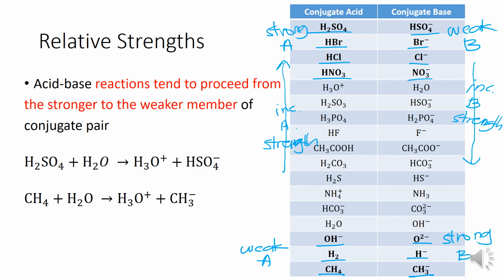Now, when it comes to acid-base reactions, they tend to proceed from the stronger to the weaker member of a conjugate pair. So, for example, we have here sulfuric acid. That is a strong acid, right? If that is added to water, one of these hydrogen atoms will be given away to water to produce a hydronium ion. The remainder of sulfuric acid is one hydrogen, then we copy SO4.